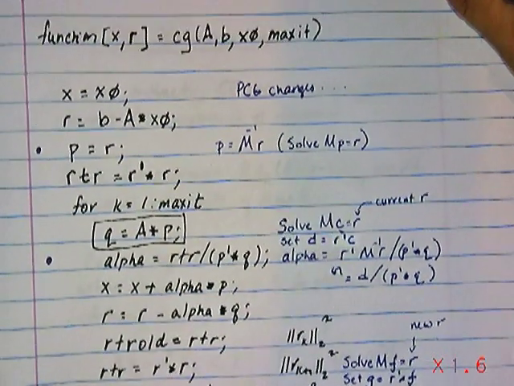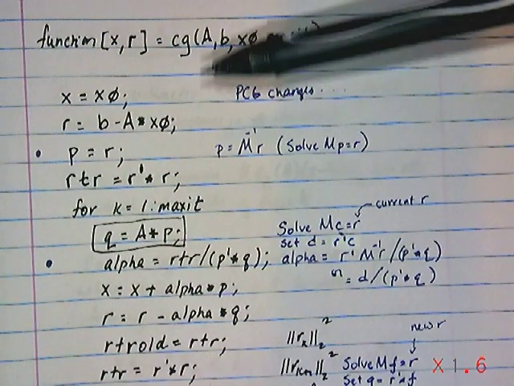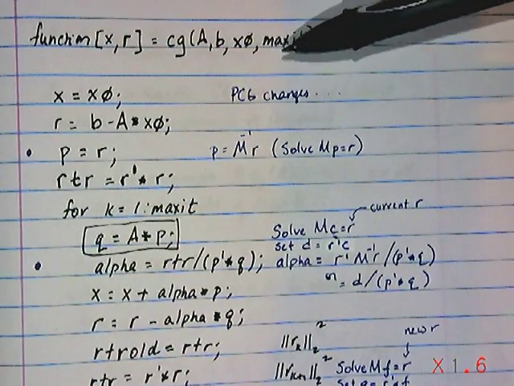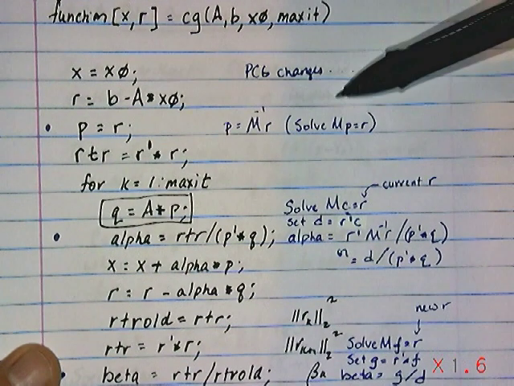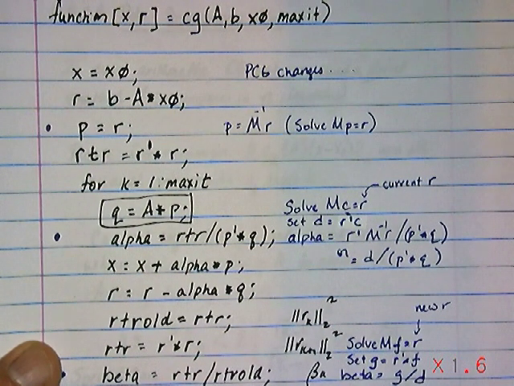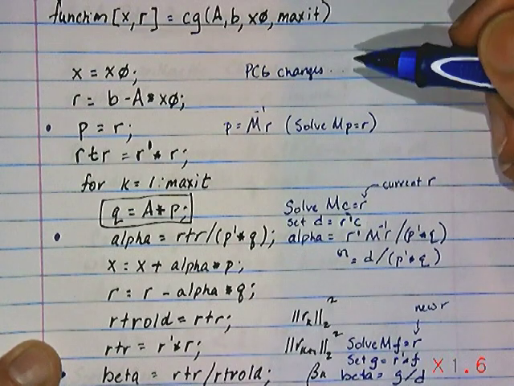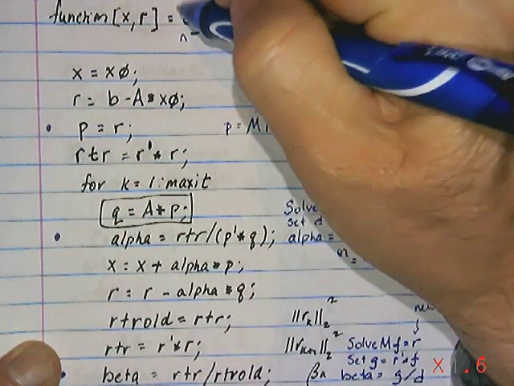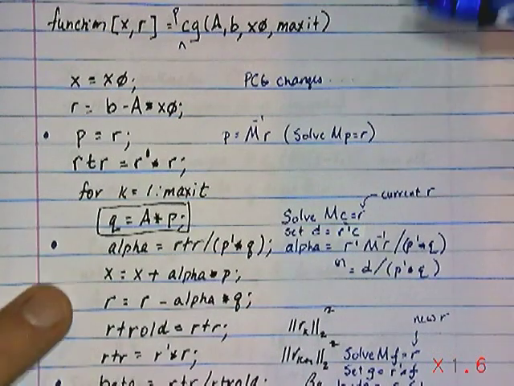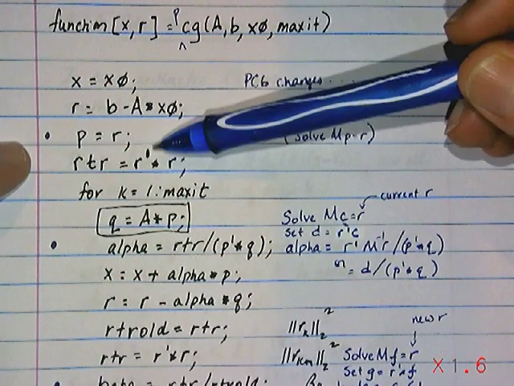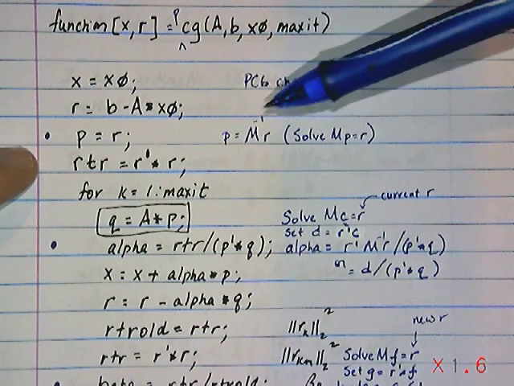If you remember in your notes, we had this original function called CG, which is a MATLAB-style function here. What I'm doing here in blue is indicating how a preconditioned conjugate gradient would work, just as if we were to insert a little p here. I've only indicated the lines of the code that would change.